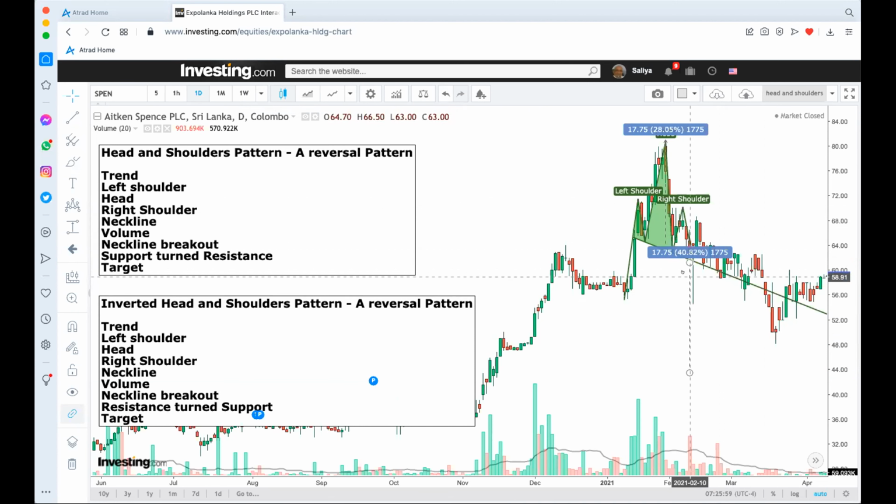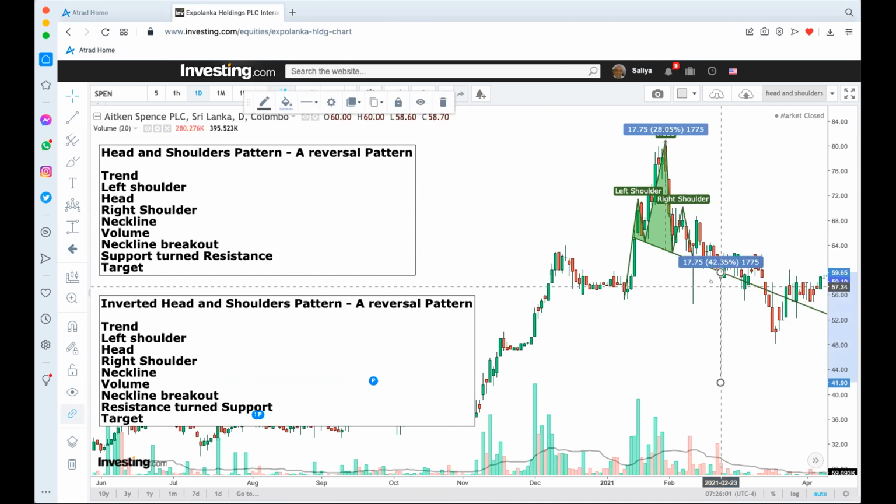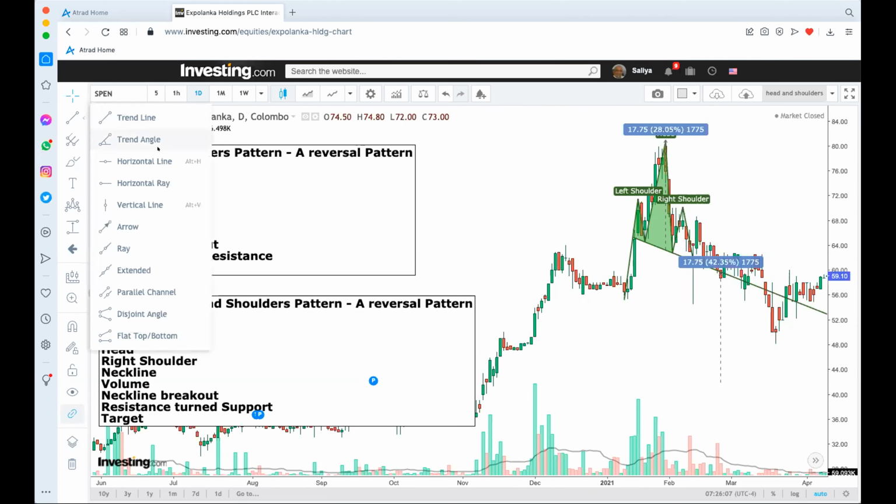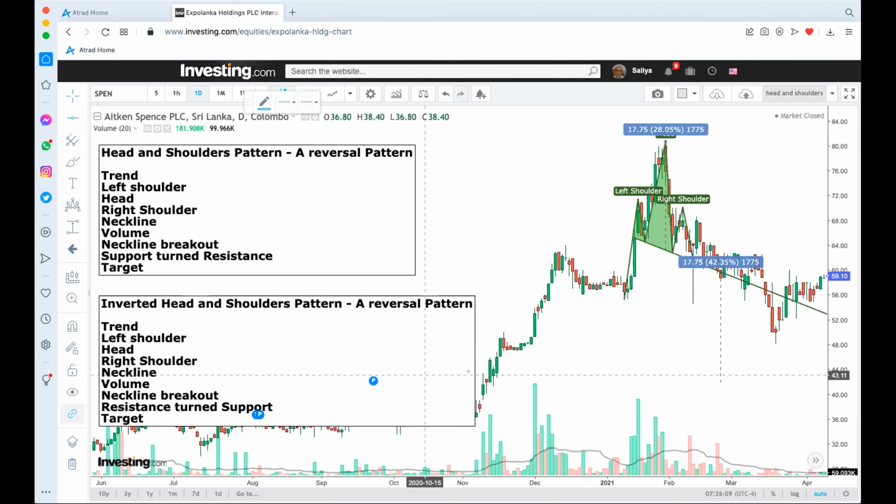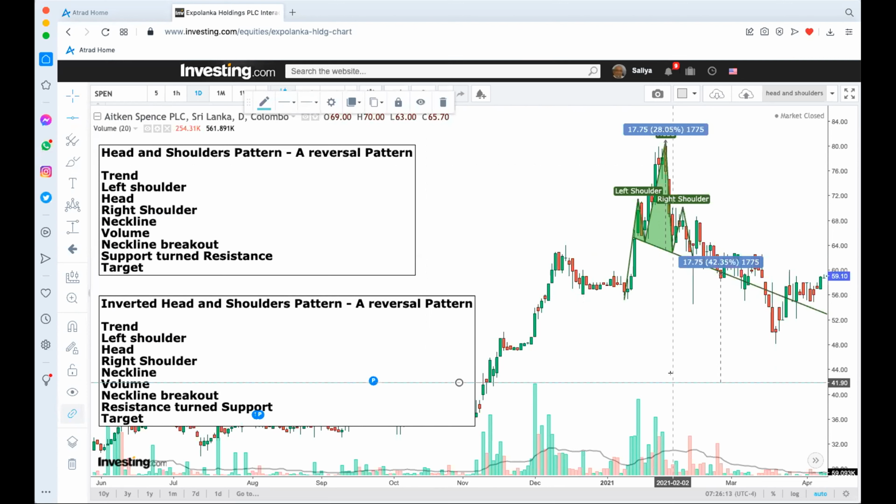So I'll take this first one. Then I'm going to use the horizontal line in the toolkit and drop the horizontal line at the point of the target. So from this level to this level, the prices can come down.